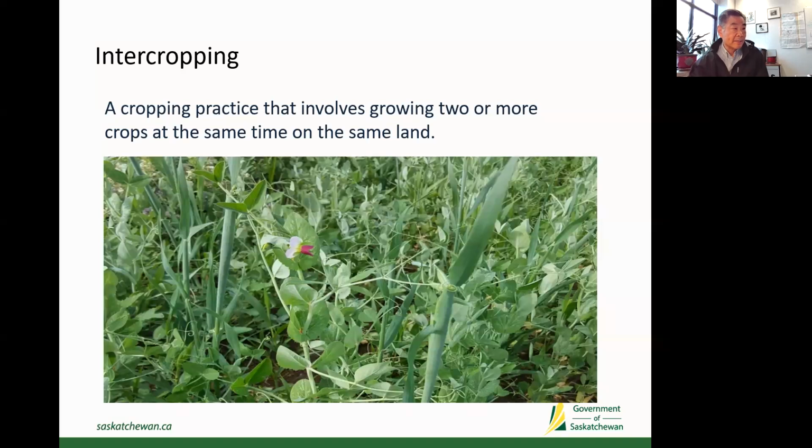The definition of intercropping is a cropping practice that involves growing two or more crops at the same time on the same field. This is a typical definition. A lot of times when we go to seminars or workshops, some people introduce this as a new practice.